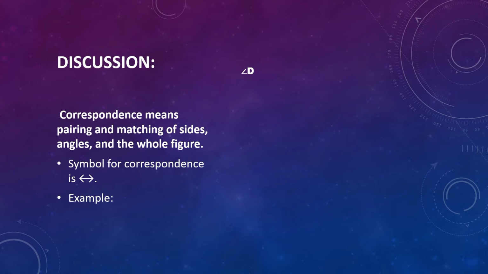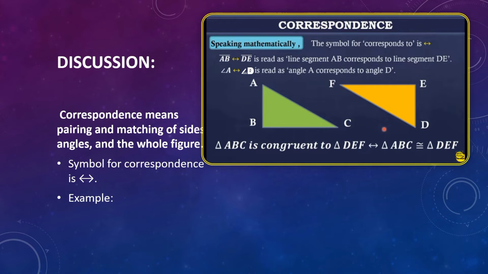Correspondence means pairing and matching of sides, angles, and the whole figure. We use the symbol for the correspondence. The symbol for correspondence is read as corresponds to.